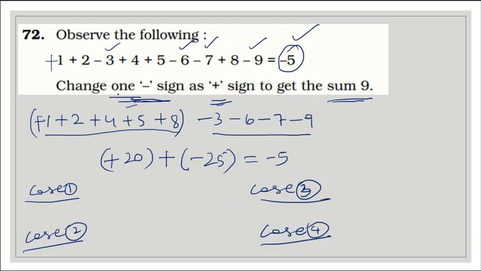He has asked me to change only one minus sign into a plus sign. That means either the minus in front of 3 is supposed to become plus, or the minus sign in front of 6, or the minus sign in front of 7, or at last the minus sign in front of 9 can become a plus sign.